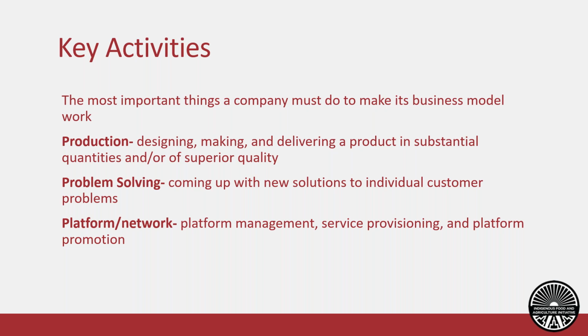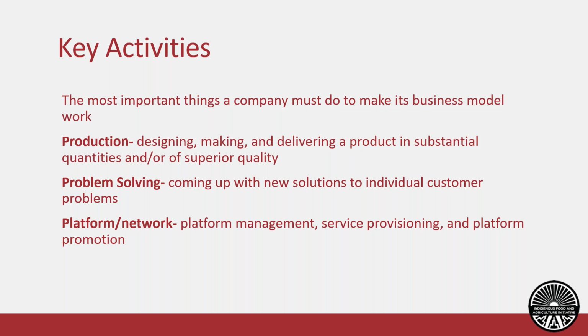There are different types. Production, most agriculture is production. You're creating something and delivering a product in substantial quantities or of superior quality. This is also like manufacturing, or say you're scaling up and creating salsas or other value-added products.